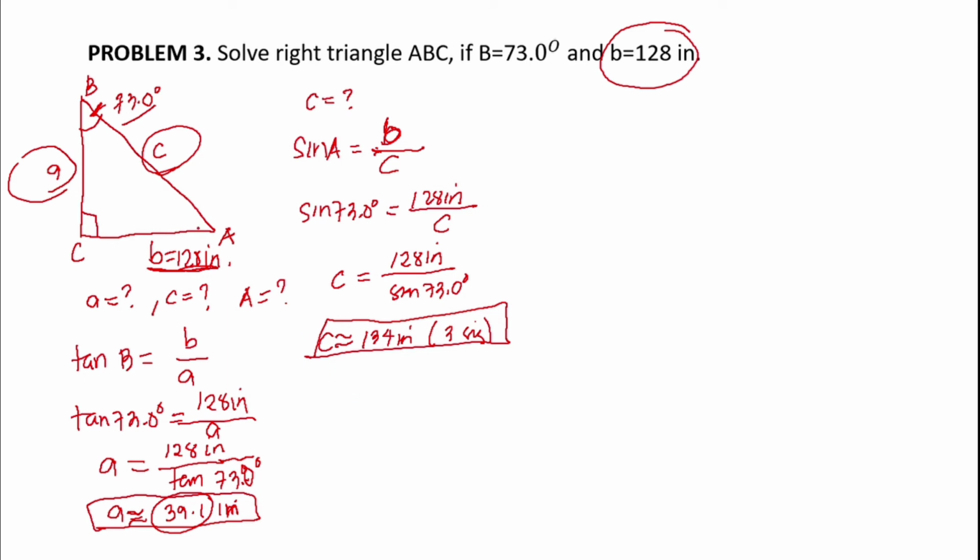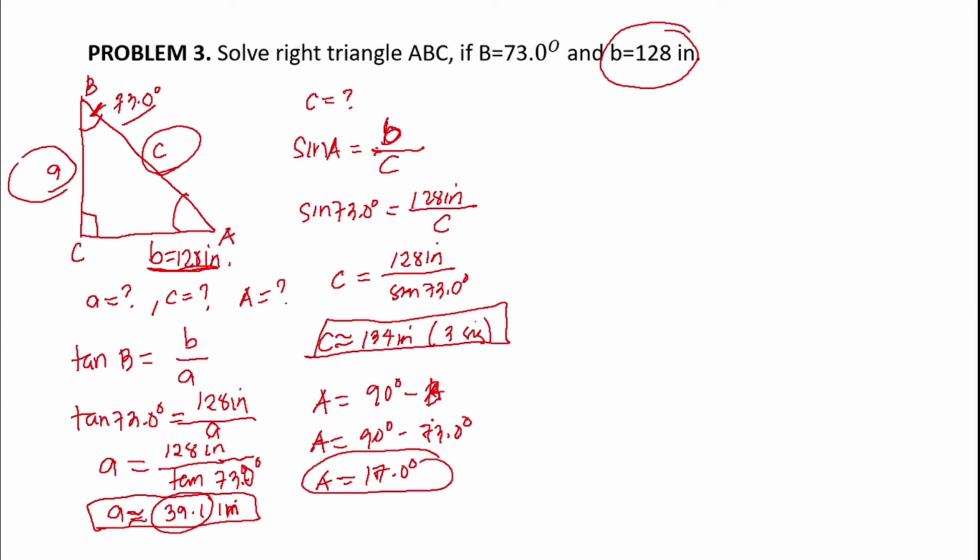To solve for the angle A, this is 180 degrees, and take note that the acute angles are complementary to each other. So therefore, to solve for A is 90 degrees minus B. So A is equal to 90 degrees minus 73.0 degrees. Our A is 17.0 degrees.